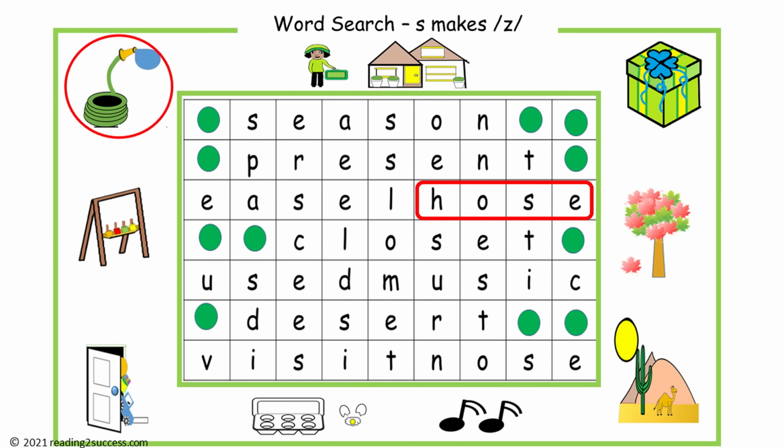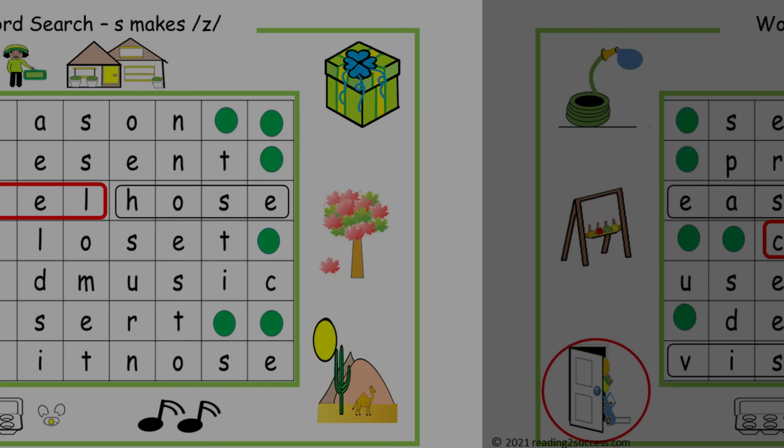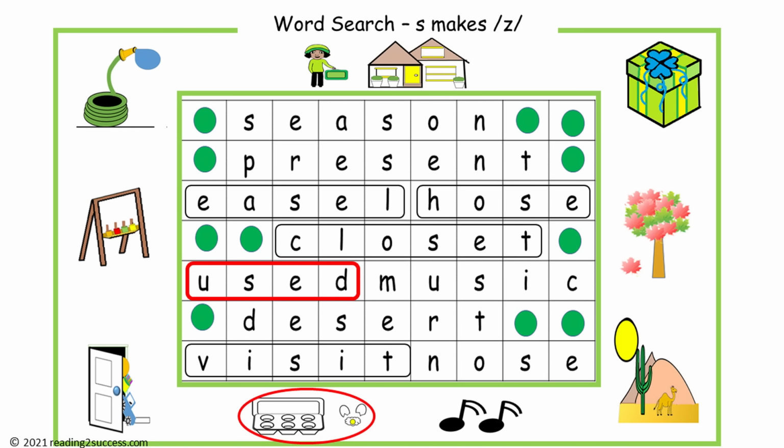Our first word is hose, and the S makes a Z sound because it is in between two vowels, O and E. Our second word is easel, and it makes the Z sound because it is in between A and E. Our third word is closet, and it makes the Z sound because it is in between O and E. The fourth word is used, and S makes a Z sound because it is in between two vowels, U and E.